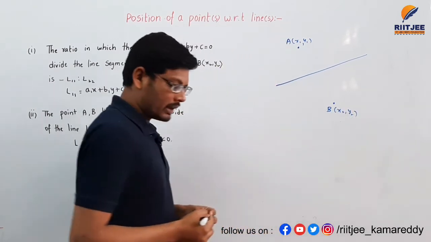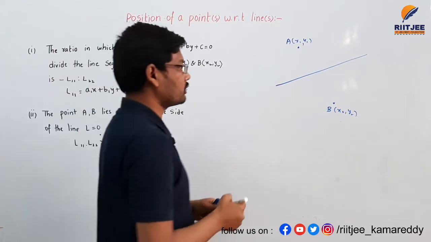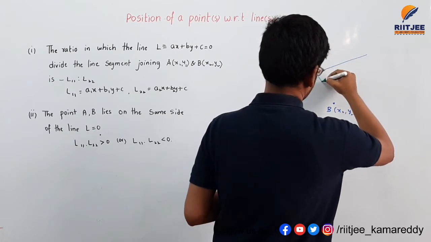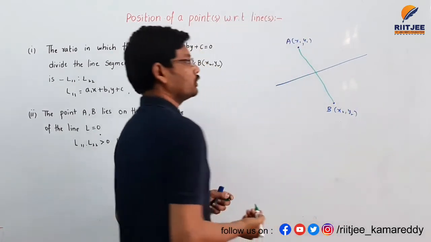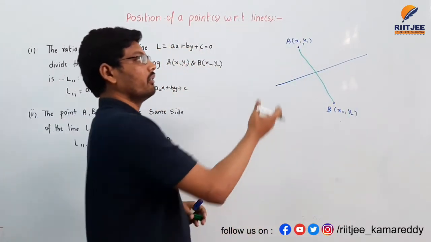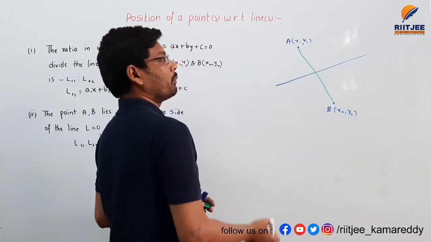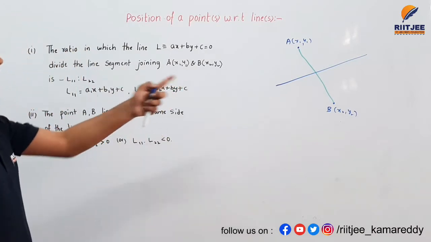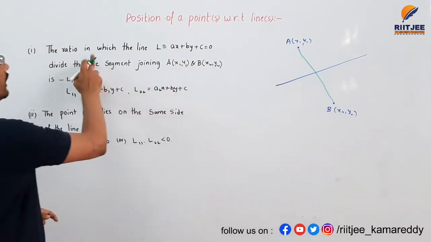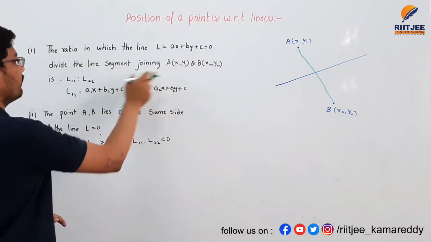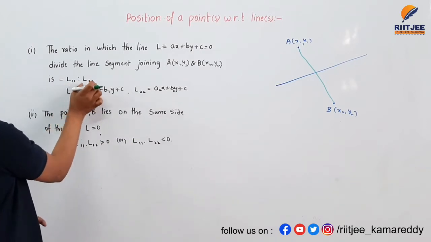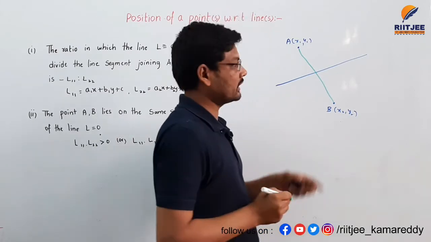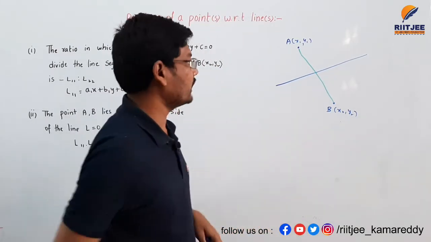If I join these two points, the line will intersect the segment in some ratio. That is, this AB line is divided with a ratio of minus L1 is to L2 here.